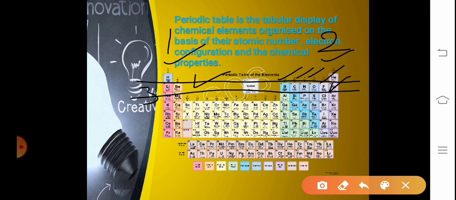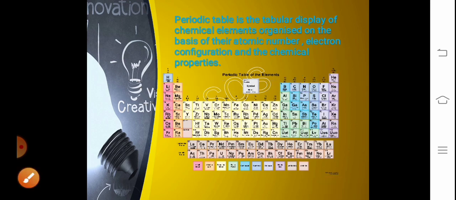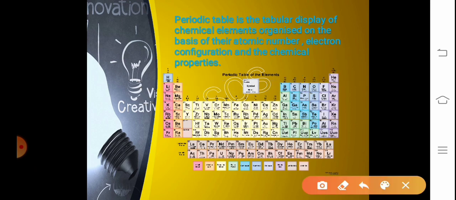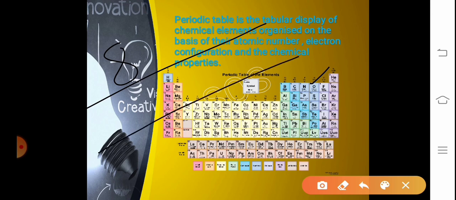And what about electronic configuration? You know about electronic configuration, right? I'll give you one example. Let us take the element oxygen. Oxygen is the 8th element and its atomic number is 8. Then how do we write the electronic configuration for oxygen? The electronic configuration of oxygen is 2, 6. Why 2, 6? Because there are shells.